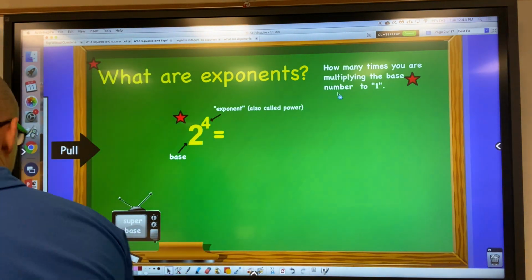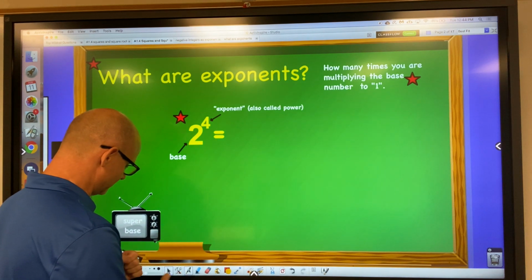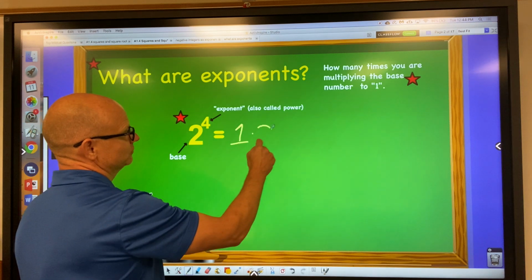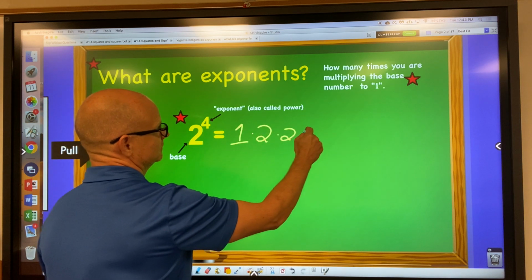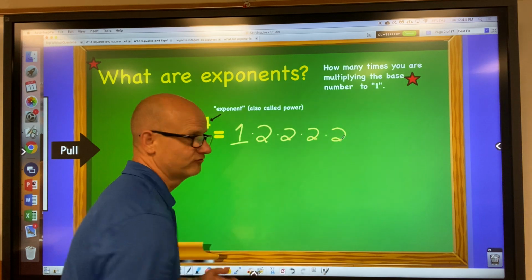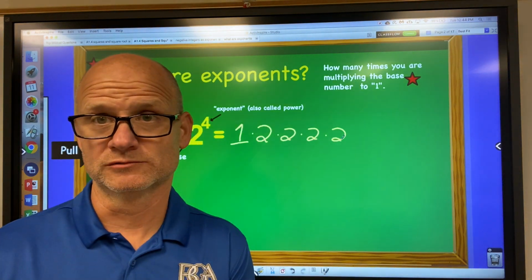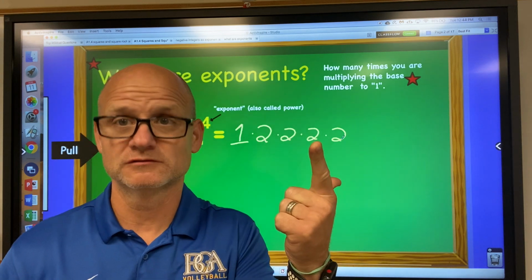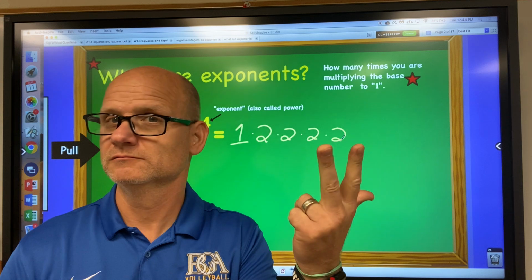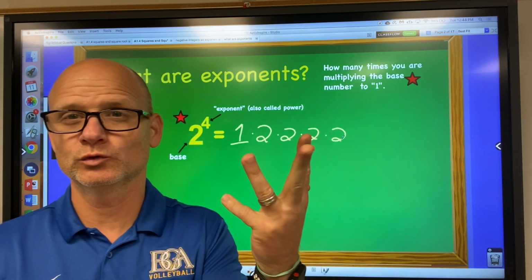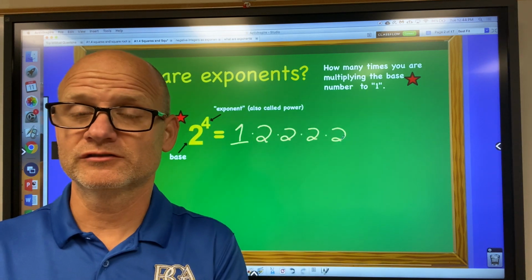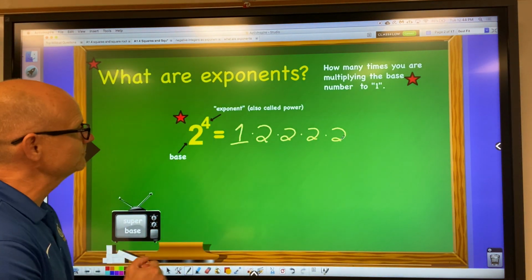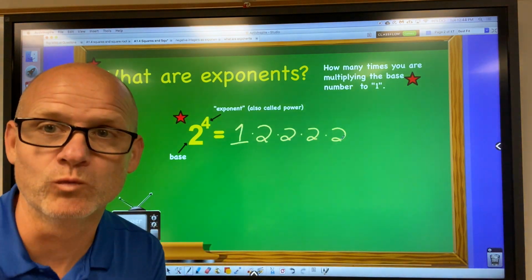So when you say 2 to the 4th power, you're taking the number 1 and multiplying it by 2, 4 times. 2 times 2 is 4, times 2 is 8, times 2 is 16. 2 to the 4th power is really 16, okay? It's just the number of times you're multiplying that base number by 1.